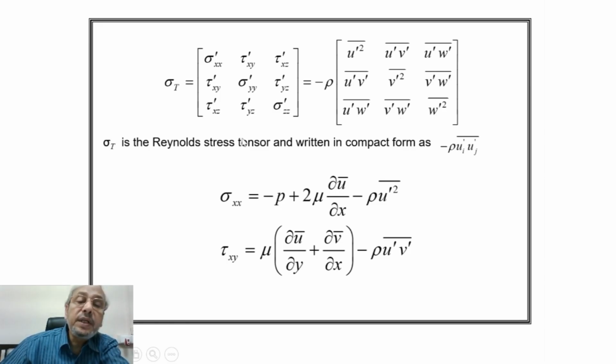So sigma t is the Reynolds stress tensor, written in compact form as minus rho u i prime u j prime over bar.